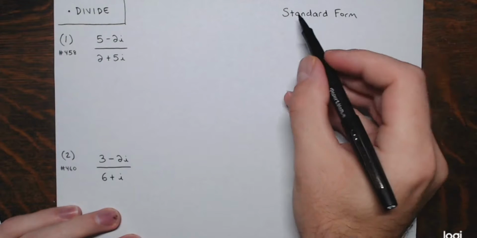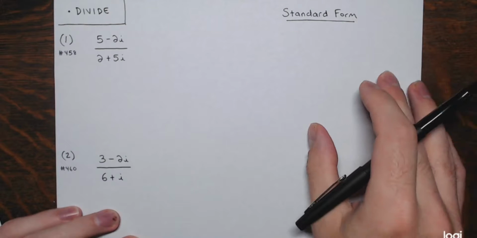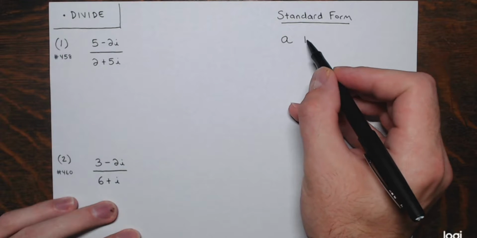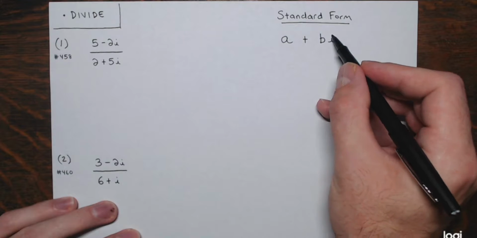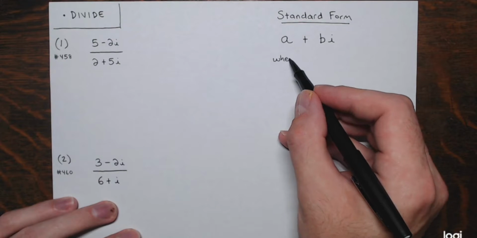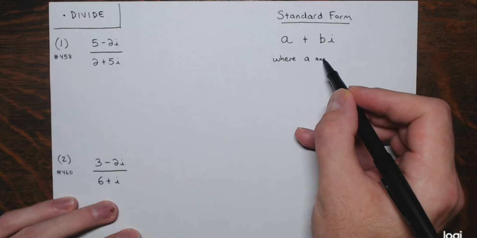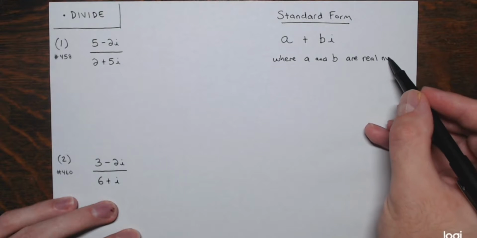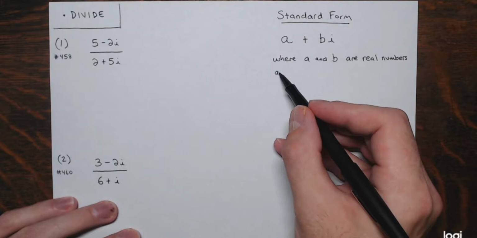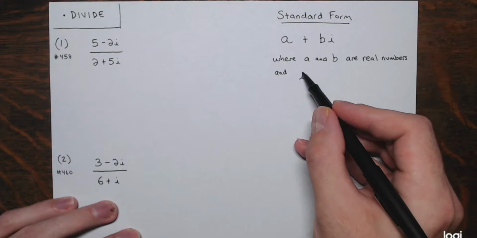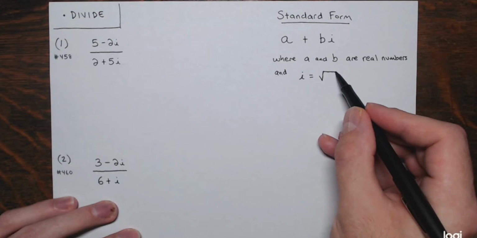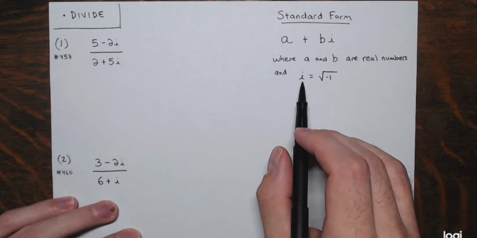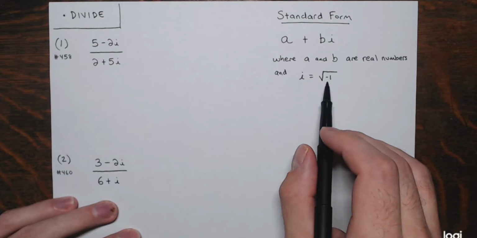of a complex number. Hopefully you recall from previous videos that this is the form a plus bi, where a and b are real numbers, and i is the principal square root of negative 1. i is that imaginary unit, the square root of negative 1.